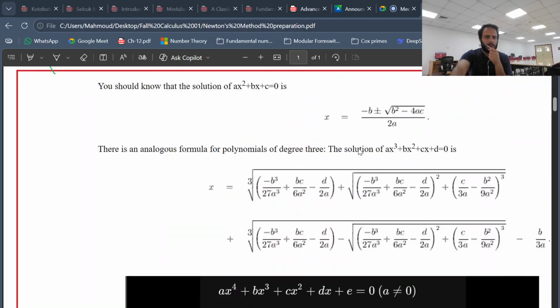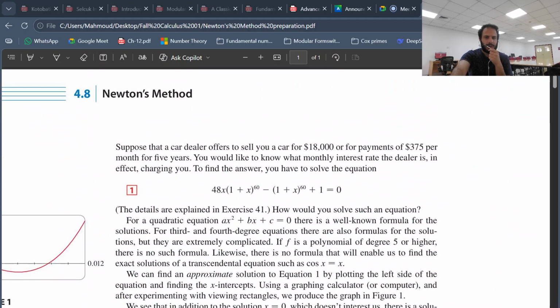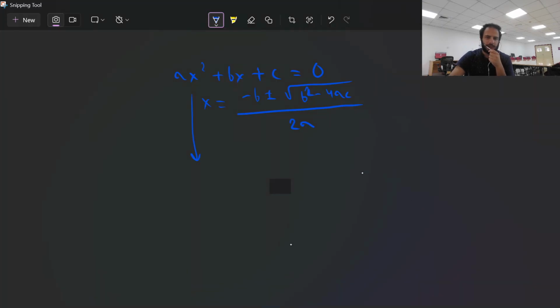So this is about polynomials. What about other equations? For example, what about e to x equals x squared plus 5 plus cosine x? Do you have formula for the solution of this equation? Clearly no, right? What about x equals cosine x?